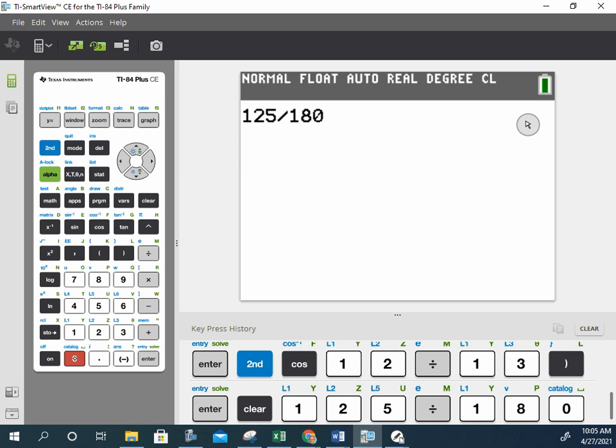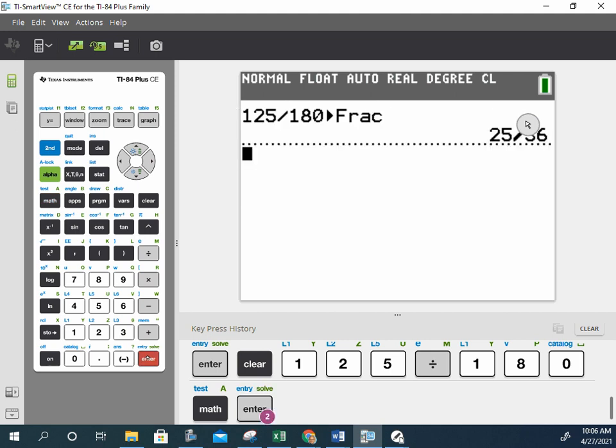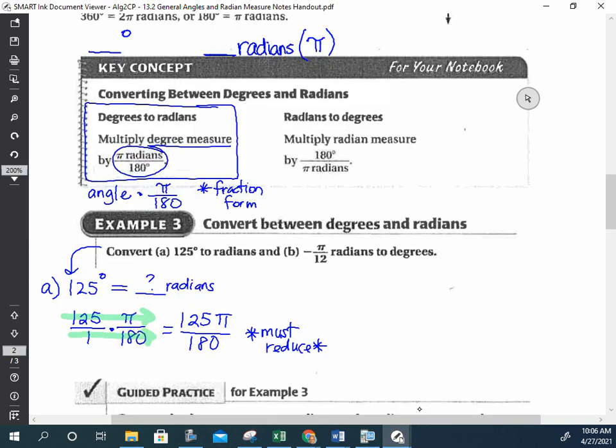Then go to the button in the third row that says math. The first button at the top says fraction. Press enter, and press enter again. Notice that it reduced the fraction for you: 25 over 36. So your answer is 25 pi over 36.